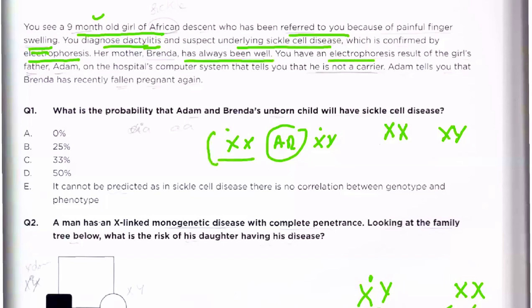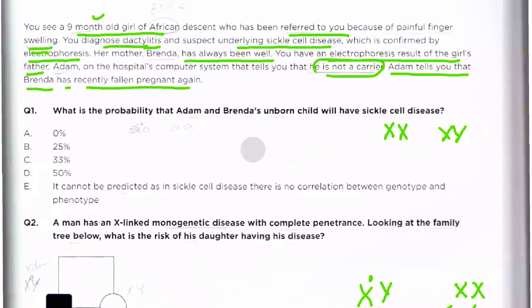You have the electrophoresis result of the girl's father, Adam, on the hospital computer system, which tells you he is not a carrier. If he is not a carrier, how is this a case of autosomal recessive disease? Adam tells you that Brenda has recently fallen pregnant again. So we have a baby girl who is a case of autosomal recessive disease.